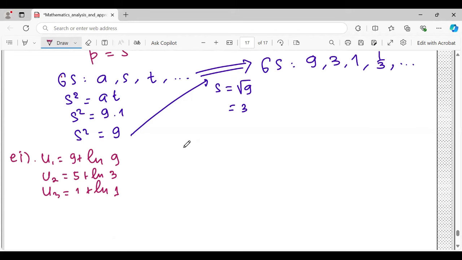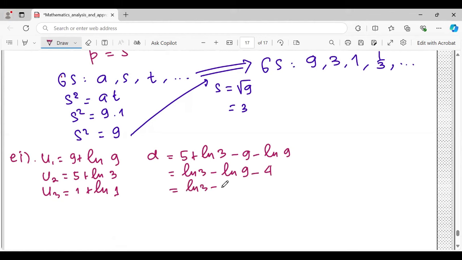So the common difference, D, equals U2 minus U first, 5 plus ln 3 minus 9 minus ln 9, which becomes ln 3 minus ln 9 minus 4.